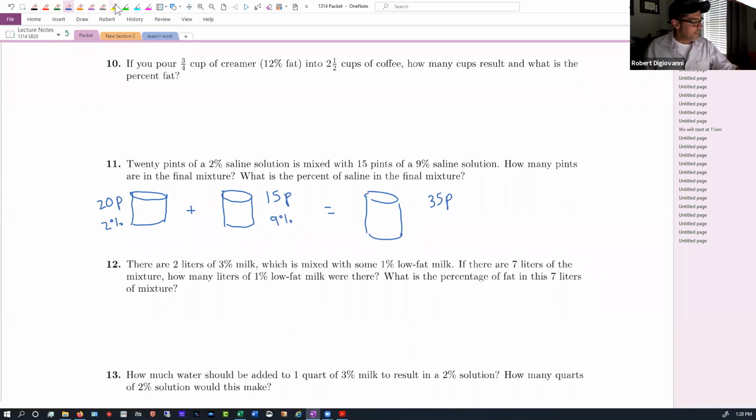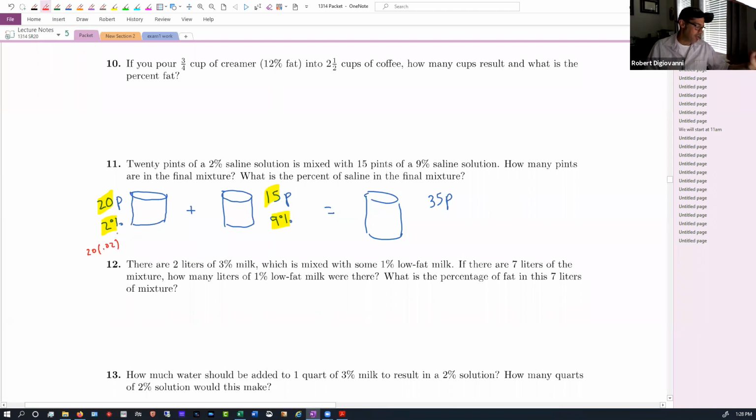So this is where you have to go in here and just go, okay, I need to find out what 2% of 20 is and what is 9% of 15. That's going to give us how many pints of salt we have. So on your calculator, 2% of 20, I'm doing 20 times 0.02.